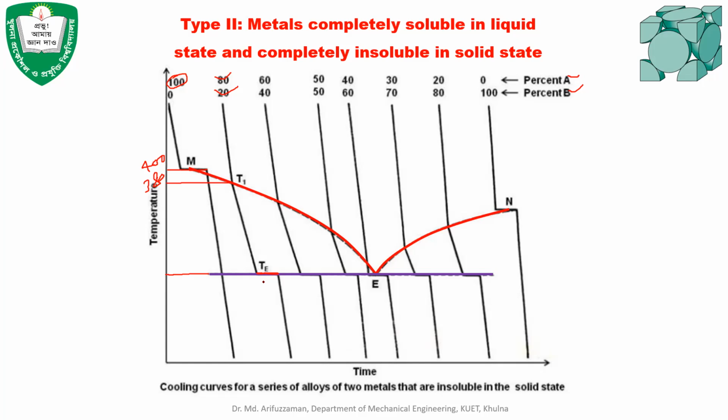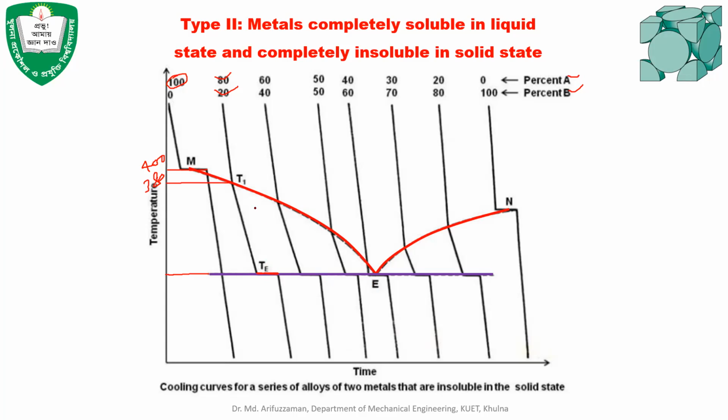Because of that eutectic reaction, a different phase is produced in which metal A and metal B stay separately, and we'll look into how the microstructure evolution occurs at temperature TE, that means at the eutectic temperature, and we'll also see the reaction that happens.